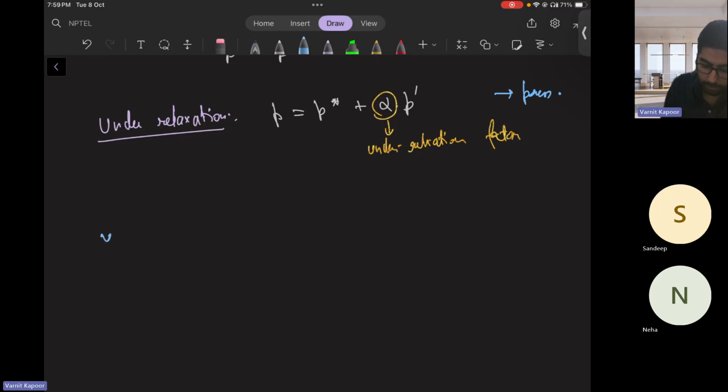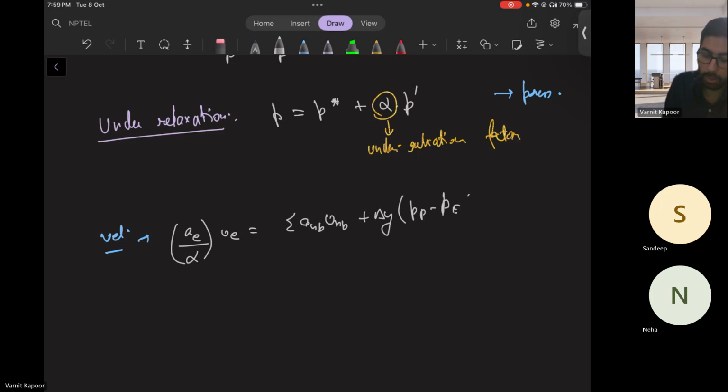So for velocity, you can write with respect to the momentum equation as per the algorithm procedure plus your B E plus 1 minus alpha by alpha into A E U E star.